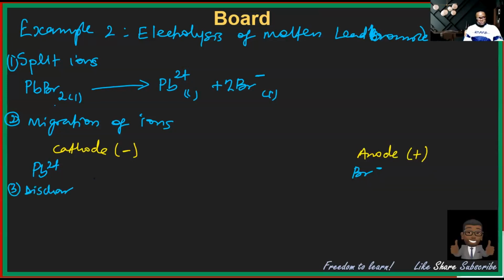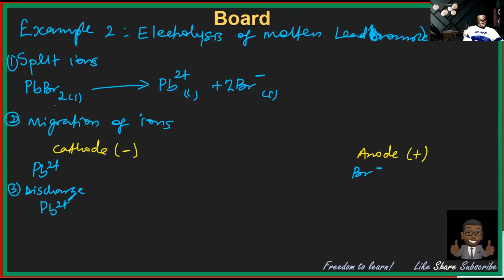So what's going to happen at the cathode? So at the cathode, the lead is reduced. So it's Pb2 plus minus 2e minus will give you lead. I'm going to write exactly what you said.